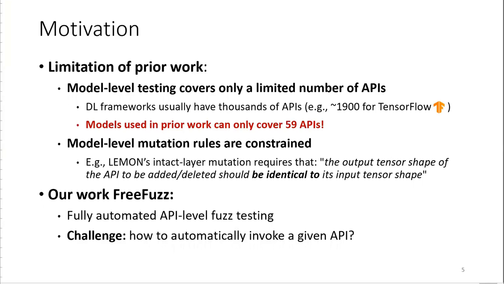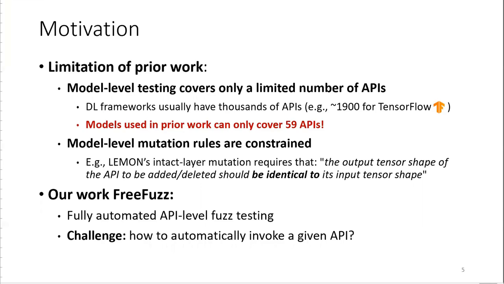Besides, the model-level mutation rules proposed by Lemon are too constrained. As we discussed before, the layer mutation requires that the output tensor shape of the API to be added or deleted should be identical to its input tensor shape, thus making these mutation rules hardly generalizable to a huge number of other APIs in the DL libraries.